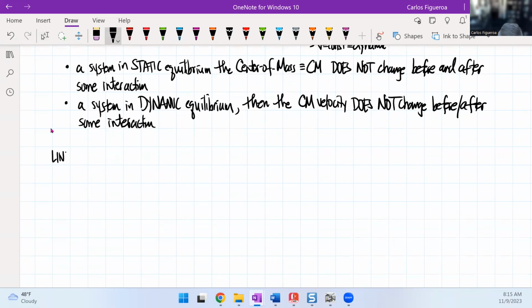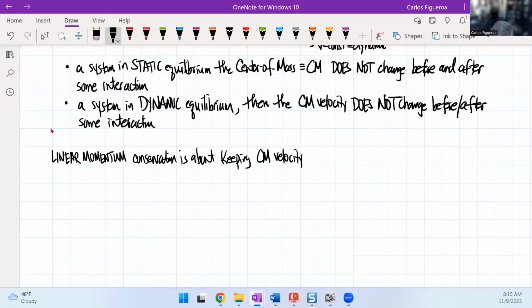Linear momentum conservation is about keeping the center of mass velocity, and this is what I'm going to start writing this as, the center of mass velocity equal to a constant.